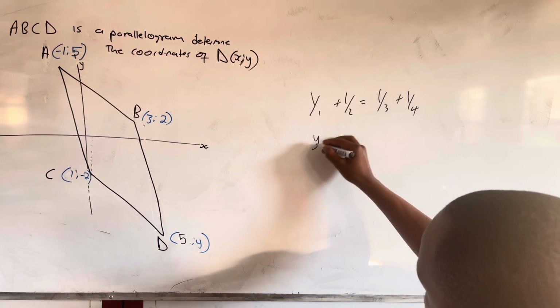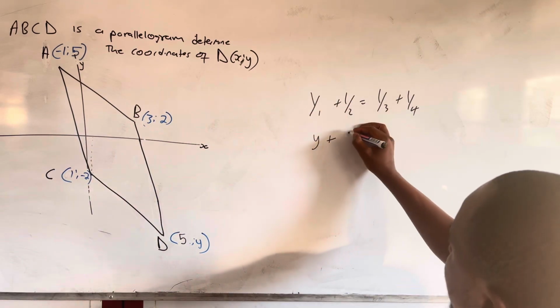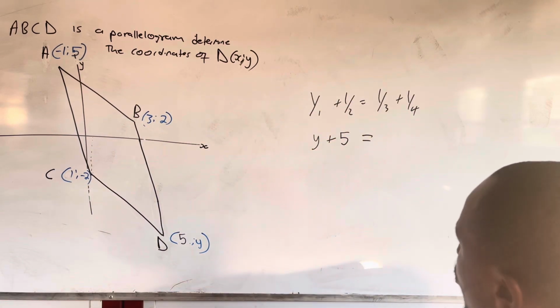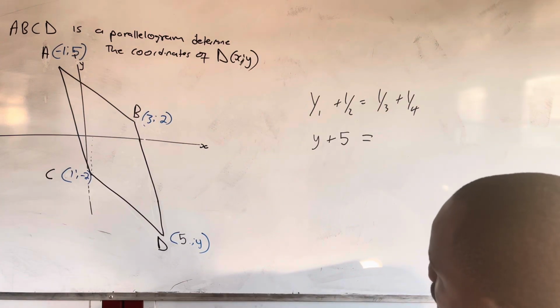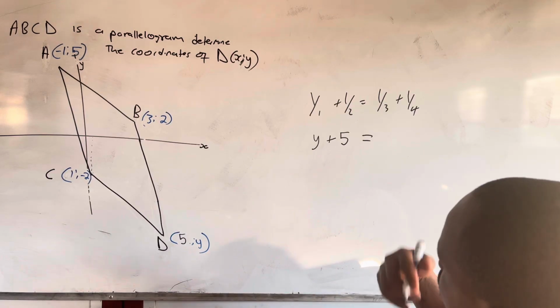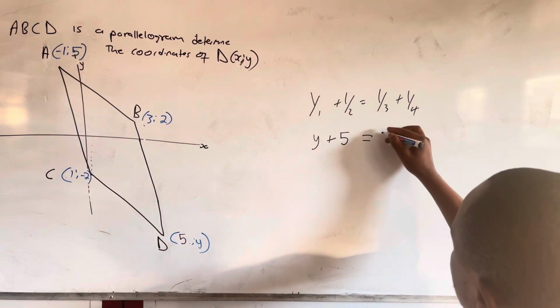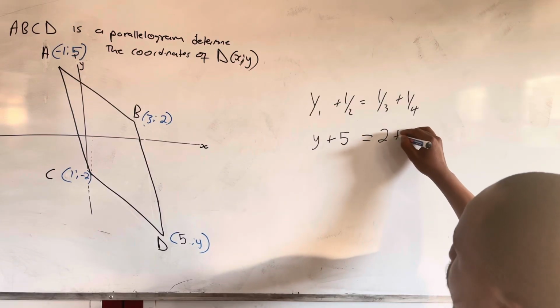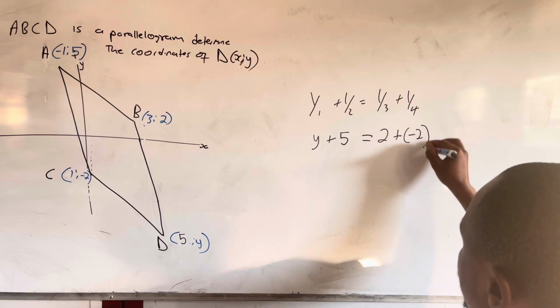So y plus our y2, which is plus 5, equals y3, which can be at C or at B. In this case, my y3 is at B, and this will be 2 plus my y4, which is open bracket minus 2 here.